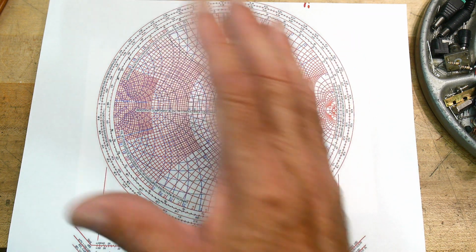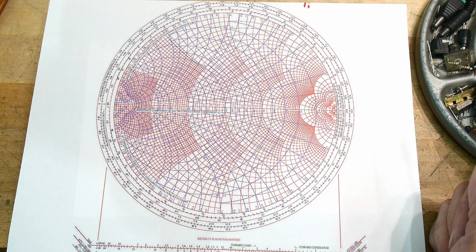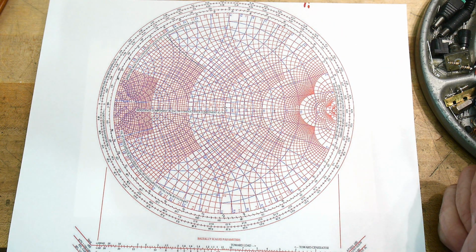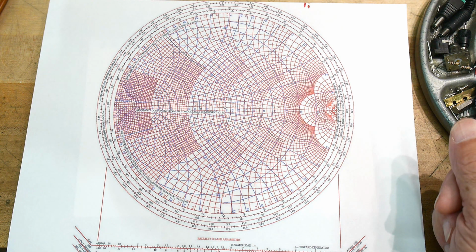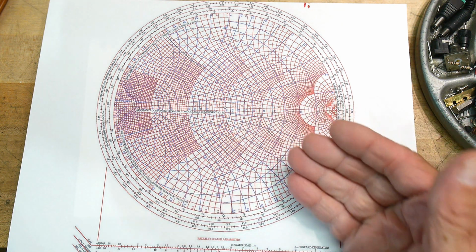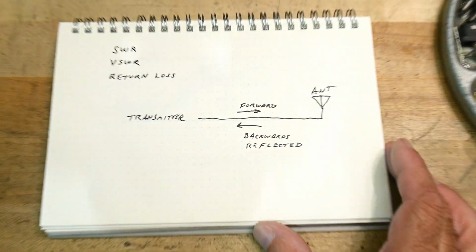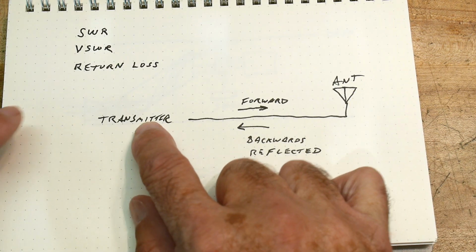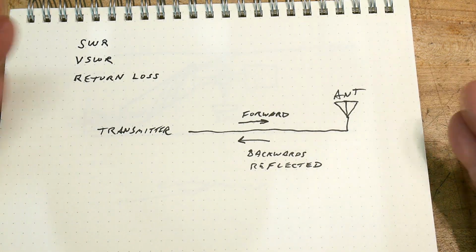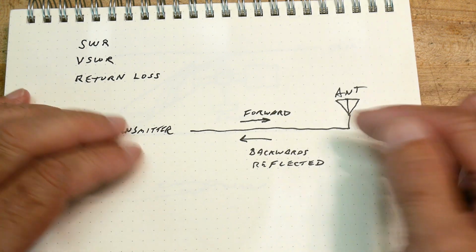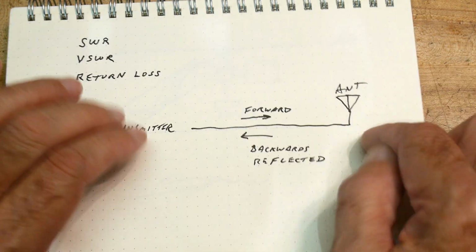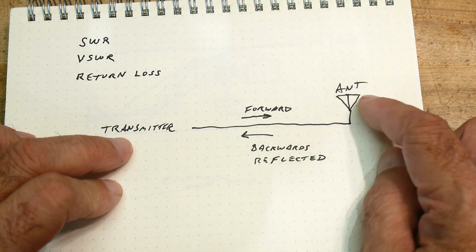But what really is at the core of the Smith chart? What is it trying to measure? Well, it's measuring impedance, and you're usually using it to make a good match. What does that mean to have a good match? Well, you have a transmitter and you have an antenna as one system. You maybe have two different things, but we'll talk about transmitters and antennas.